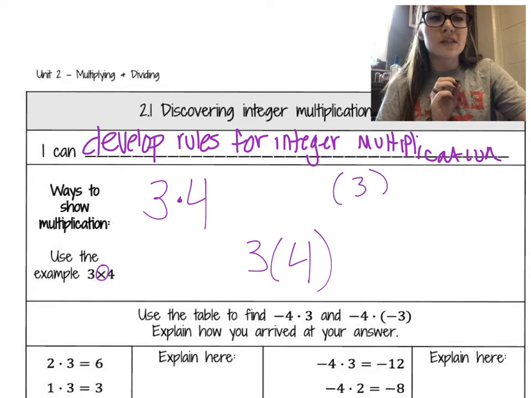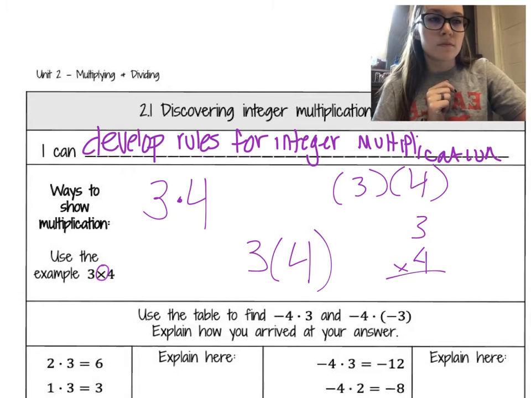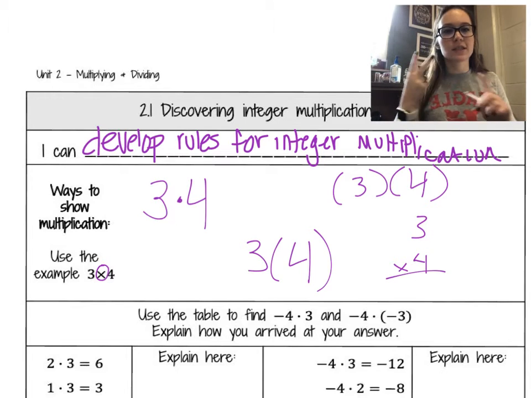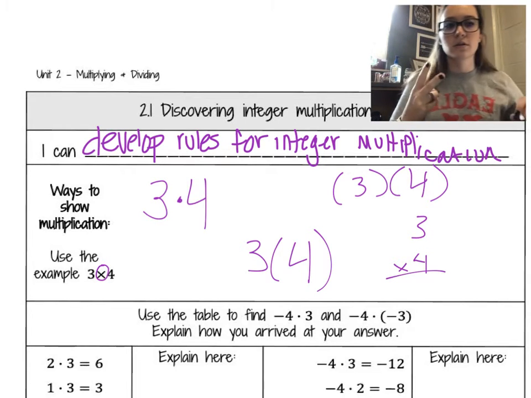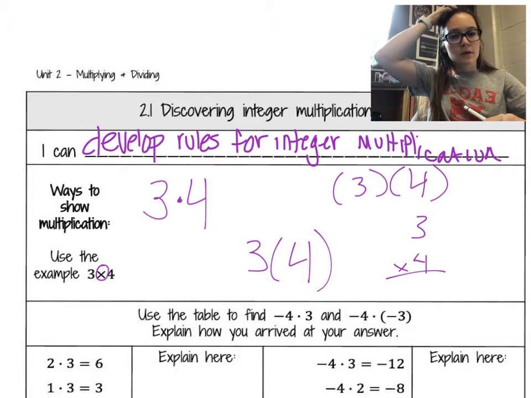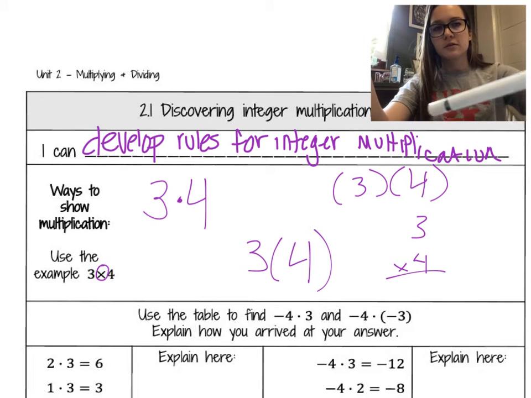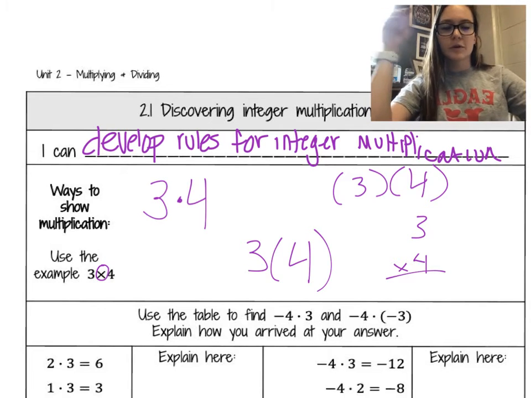There could be parentheses around the 3 and around the 4. You could stack them. But I'll say parentheses and the dot are what we're going to use most, and I probably will stop using the little multiplication symbol of the X. Just a good reminder that those all mean to multiply.